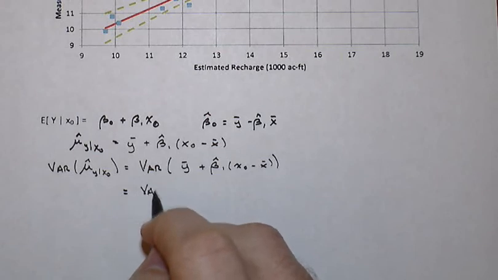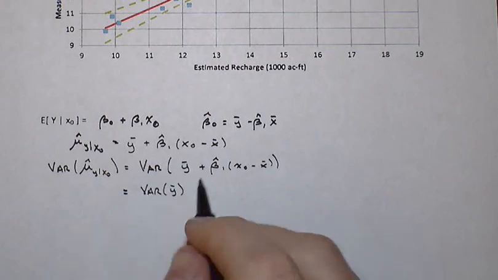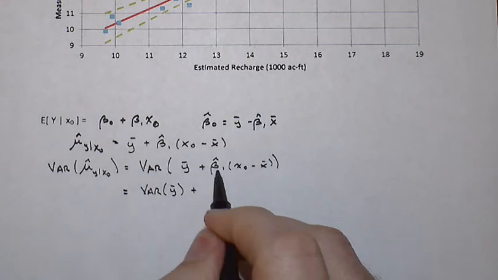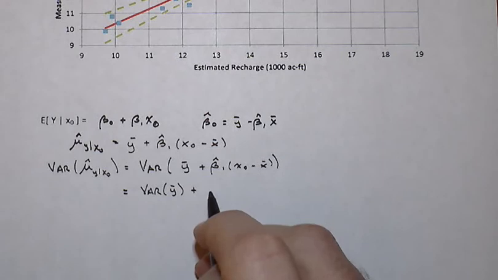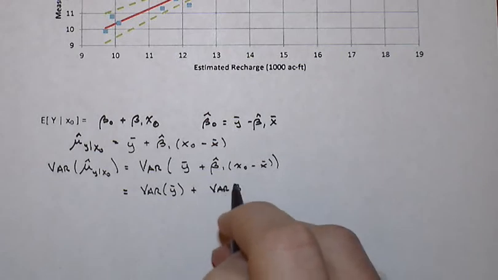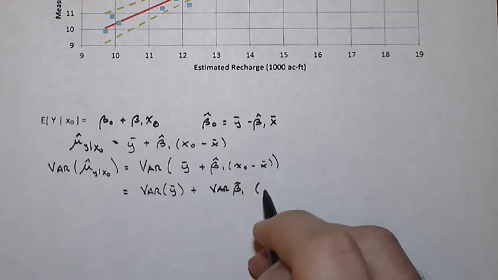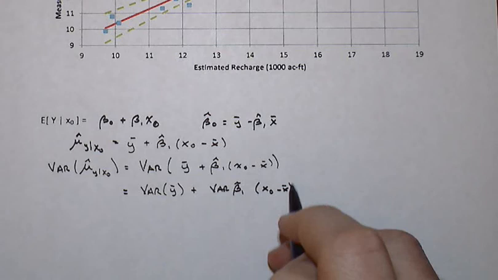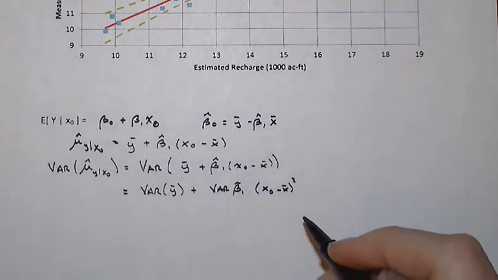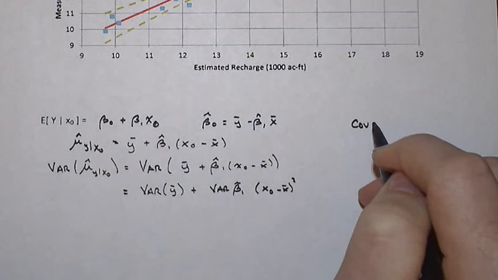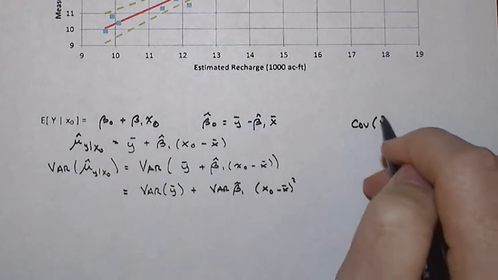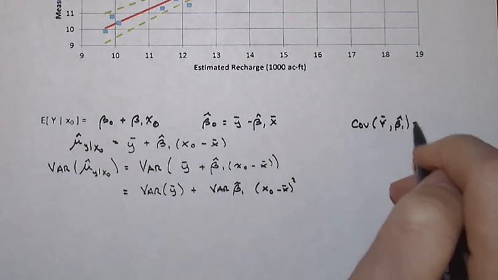So this will become the variance of y bar plus the variance of this other term. But x0 minus x bar is a constant now for specific data, so it gets pulled out and squared in the variance expression. And I haven't written any covariance term, because it turns out the covariance of y bar and beta 1 hat is equal to 0.